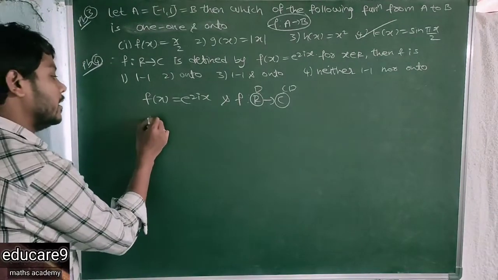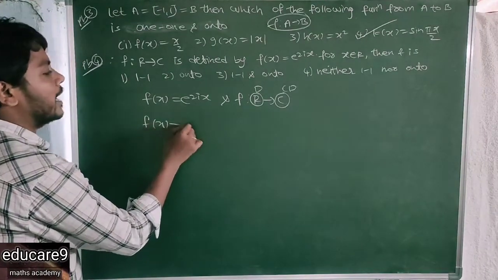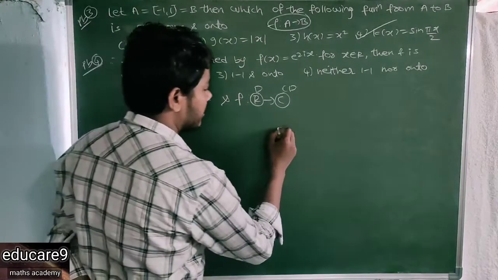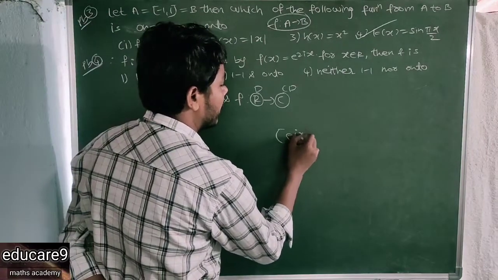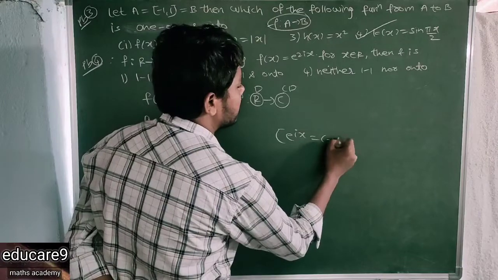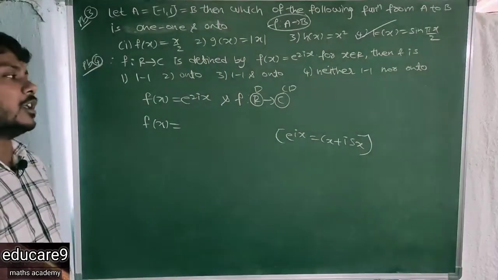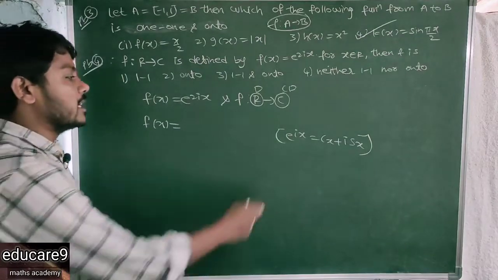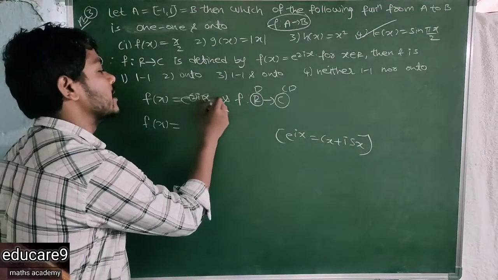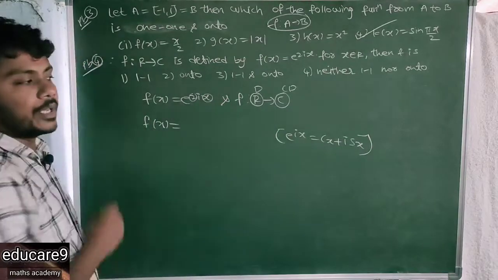Now f of x. So how to write this one? You know that e power ix is written as cos x plus i sin x. So this is the formula for e power ix. But in place of x, 2x is there. So replace x by 2x.